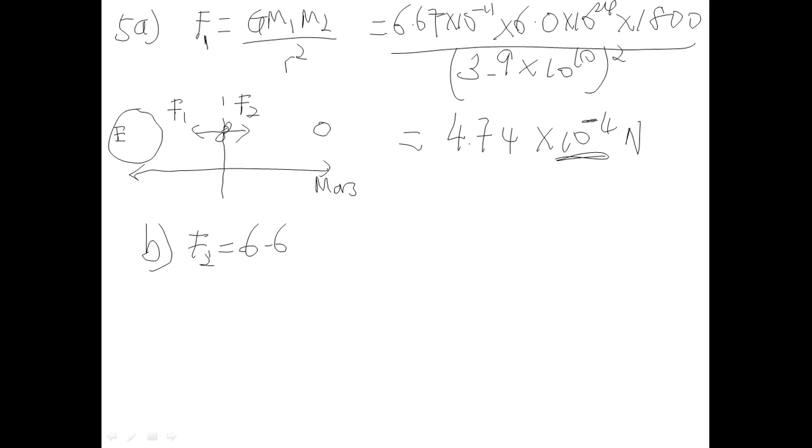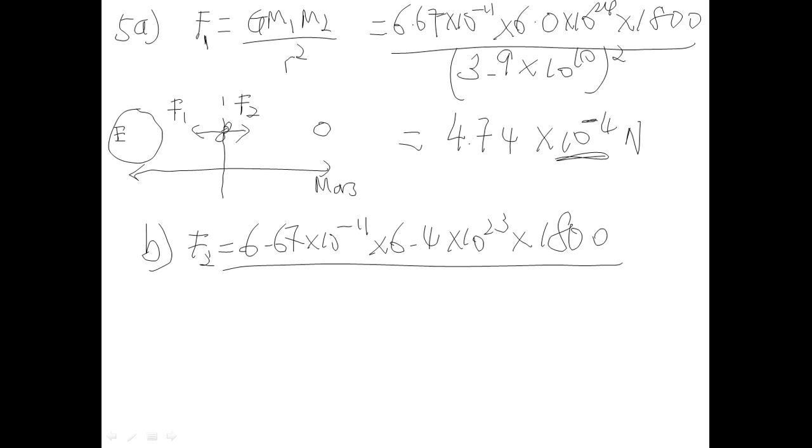So this is the gravitational constant times 6.4 times 10 power 23, the mass of Mars, times 1,500 divided by the distance, because it's the midway, 3.9 times 10 power 10.